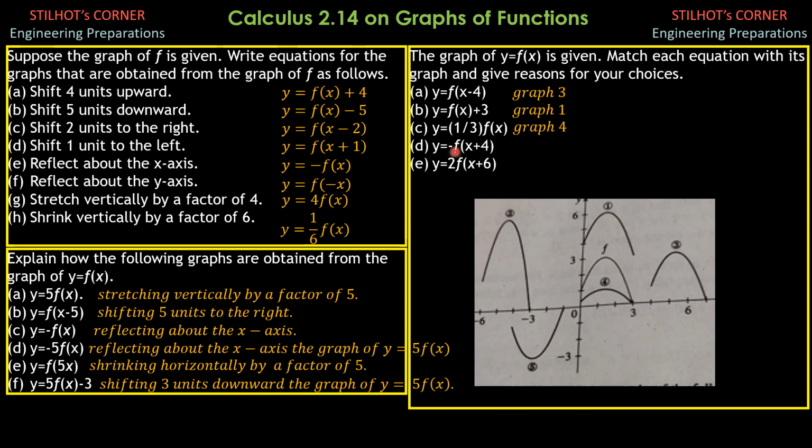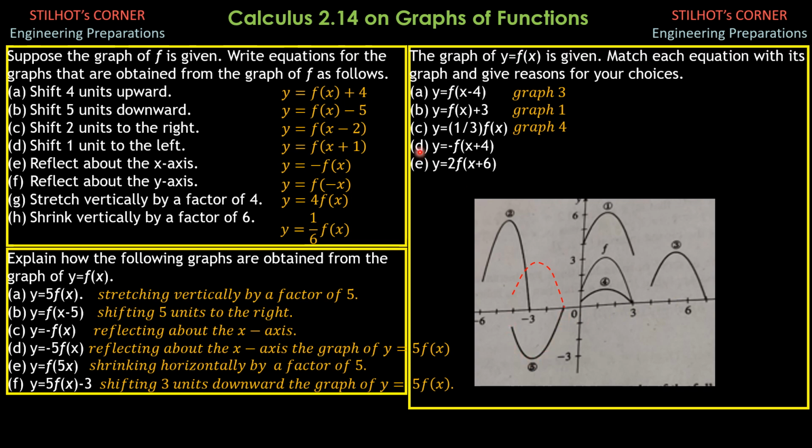Then, because of this negative sign, it means that we have to reflect it about the x-axis. So imagine that this graph is shifted 4 units to the left, which is now here. Then after that, we reflect it about the x-axis. After reflecting about the x-axis, this is now the graph.